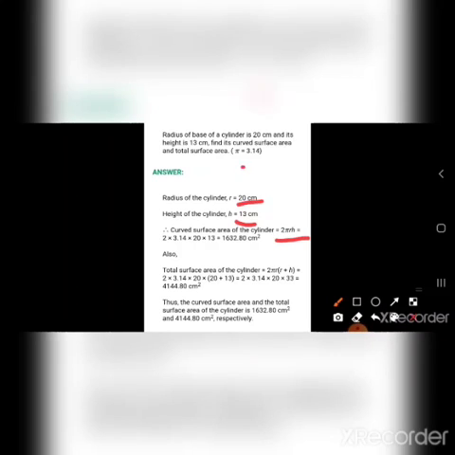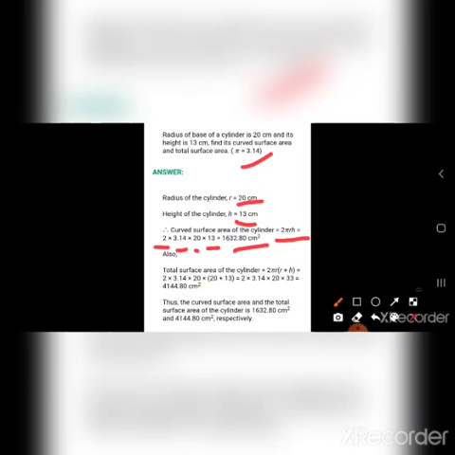The pi value here is mentioned as 3.14, so 2 into 3.14 into 20 into 13 will give you 1632.80 centimeter square.